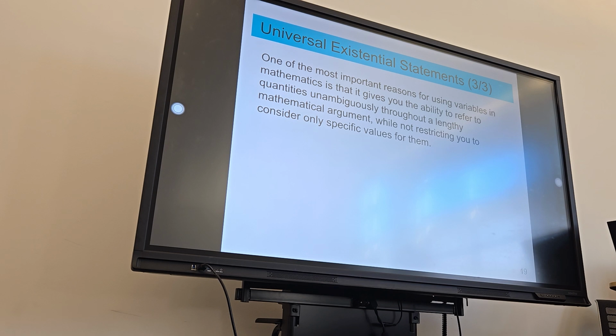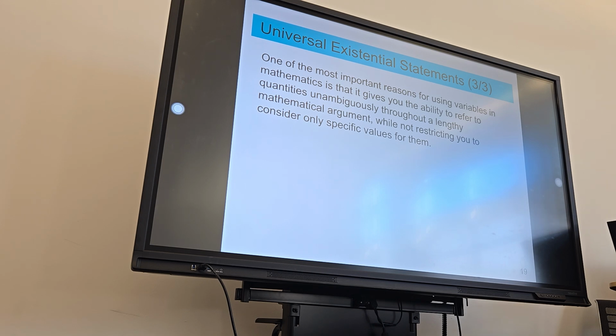One of the most important reasons for using variables in mathematics is that it gives you the ability to refer to quantities unambiguously throughout a lengthy mathematical argument. So far, we've just been talking about one statement and that sort of thing. But when you get into more complex calculations, my brother, when he was in college, was telling me about an equation typed out in 12-point font.